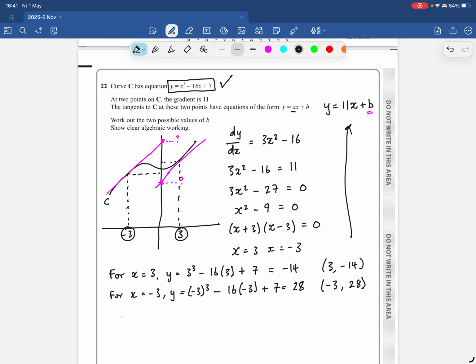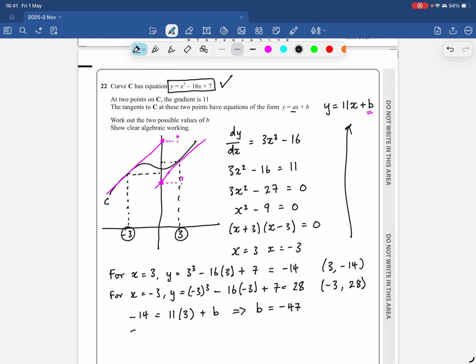So we'll start with minus 14 equals 11 lots of 3 plus b. And then we're going to be taking away 33 from both sides, and that implies b equals minus 14 minus 33, which is minus 47.